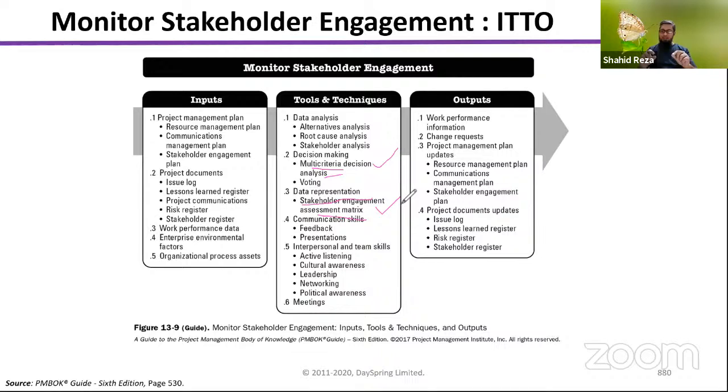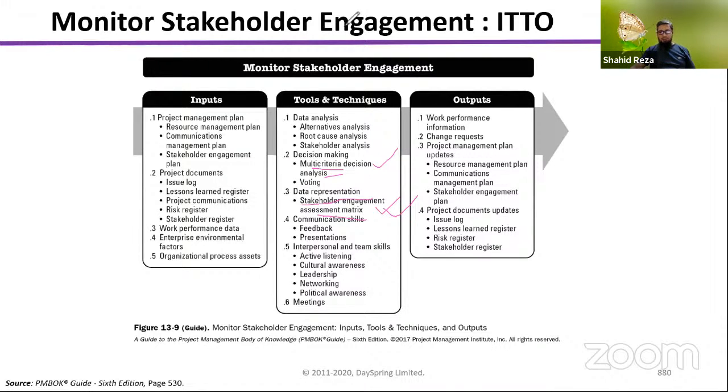If not, then we have to select option B or option C, or we have to replan. So this assessment matrix table will help us to find out that.